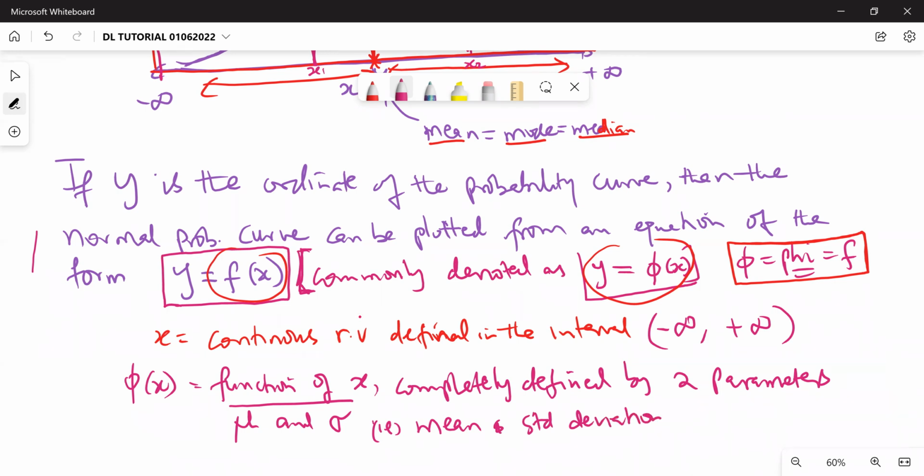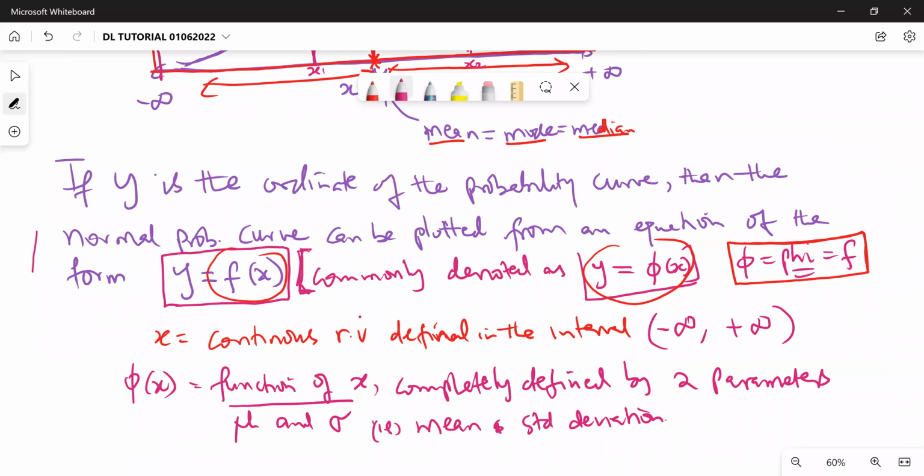So the formula of the normal distribution, which we are not giving explicitly, is completely defined by mu and sigma. If we go back to the binomial distribution, that formula is completely defined by again two parameters, n and p.